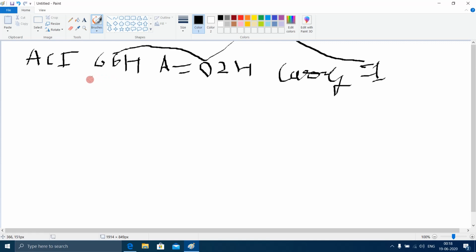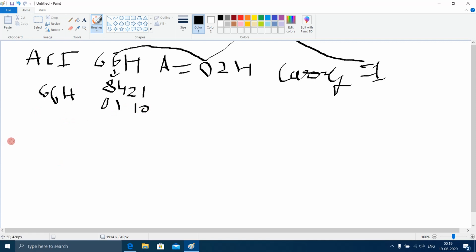So the binary for 66H is 8421. How do we convert hexadecimal into binary? 8421, which means 0 1 1 0.